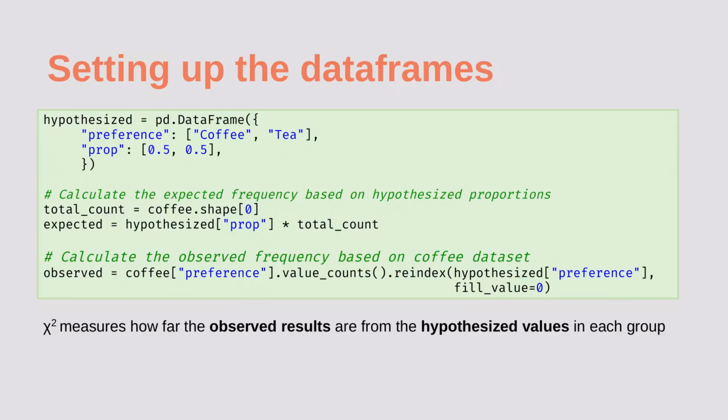We make sure to align the categories with our hypothesis, filling in any missing ones with zeros. The chi-square test statistic then measures how far these observed counts are from what we expected, category by category. The greater the difference, the larger the statistic, and the more evidence we have that the actual preferences don't match the hypothesized ones.